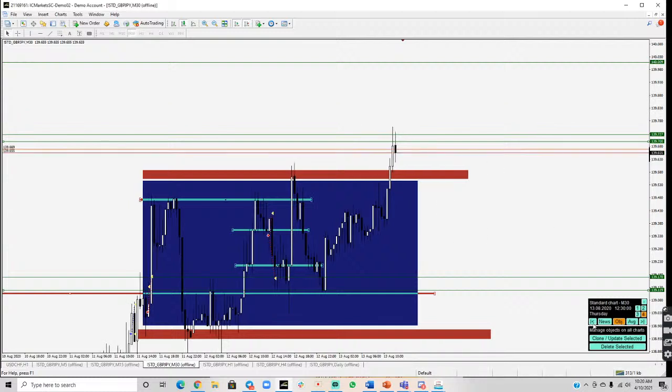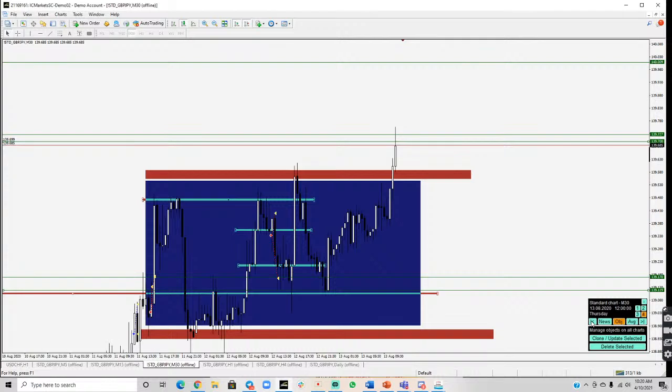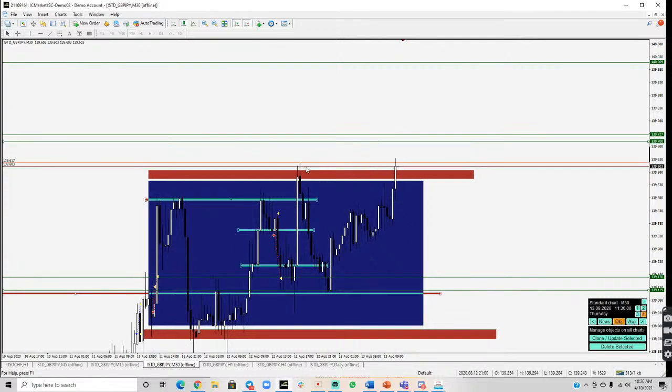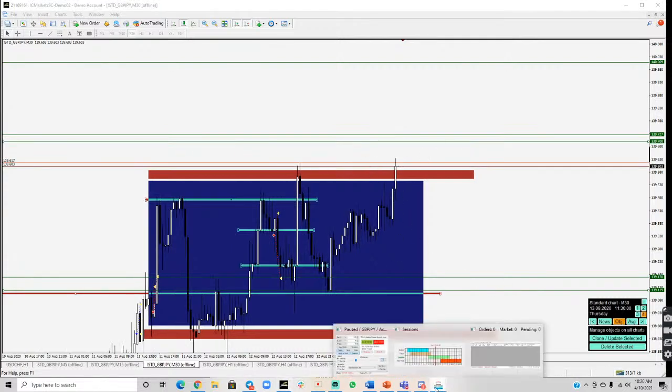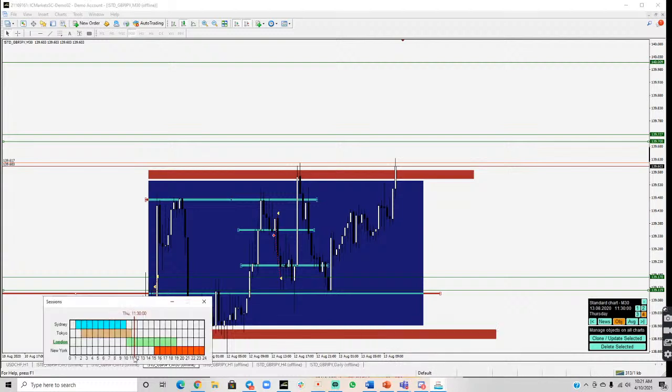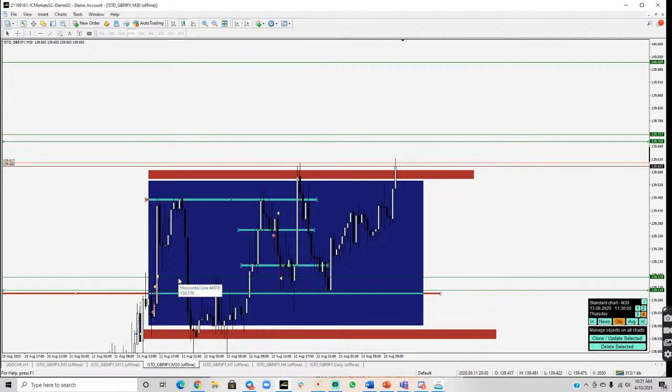But just to show you guys again, you get a clean break and close above resistance. If you look at the time, it is leading up to London Open, so there is a high probability that the market will continue to push price in your direction.